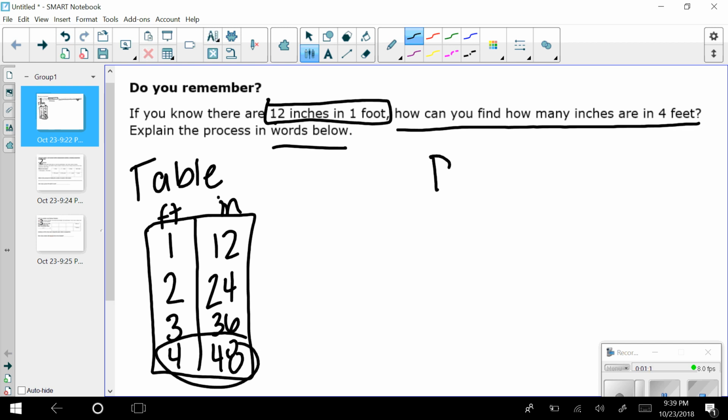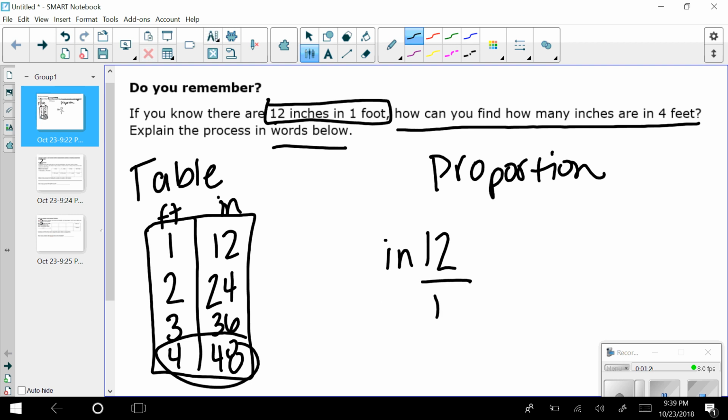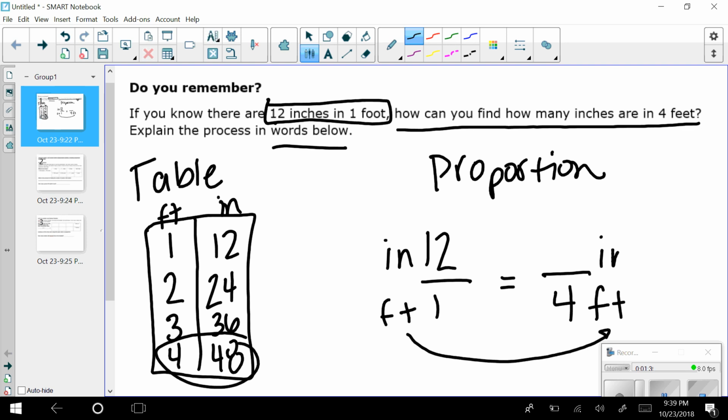Another way is that we can do what we practiced yesterday, which is to make a proportion, okay? And so you go with what you know. Well, I know that 12 inches equals 1 foot, okay? And if I know that's the case, this would be feet, because feet would have to go on the bottom, because remember, the same units have to go together. So this would be inches.